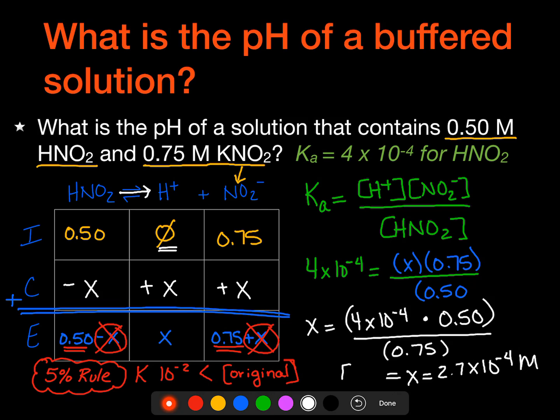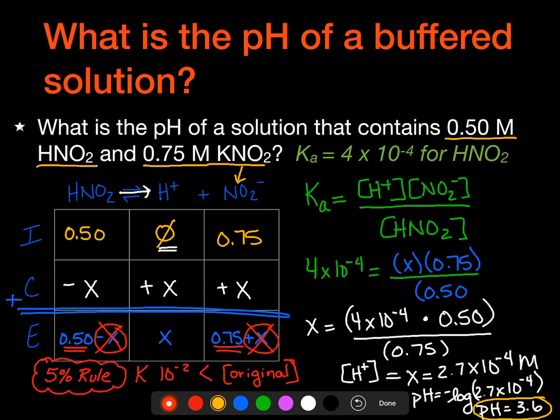That is equivalent to the concentration of hydrogen ions. And so if we want to know what the pH is going to be, it is equal to the negative log of that value, 2.7 times 10 to the negative fourth. And that's going to give us a pH that is equal to 3.6.